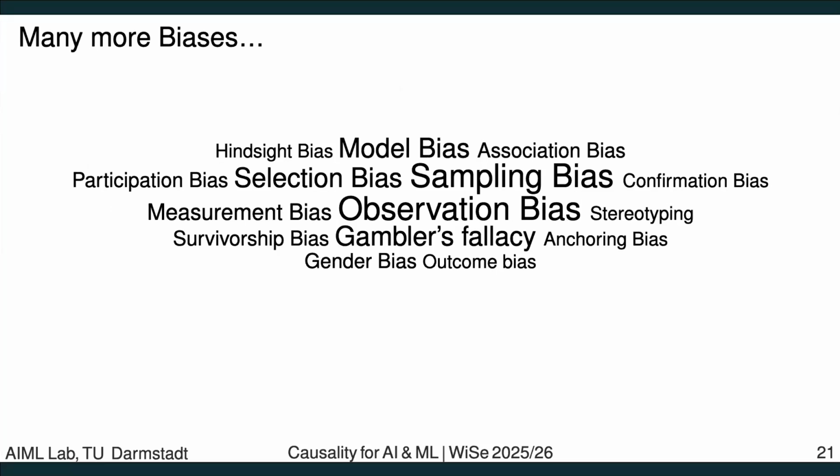But sampling bias, observational bias, it's really what is in our data. Then, for example, model bias is, as I said, the bias variance trade-off. And then a lot of other things like how we do our measurements, outcome biases, again, how decisions get justified post hoc, for example. It's a lot of stuff you might need to be aware of if you deal with data. It really depends on the task and the data that you have and how severe those biases are.